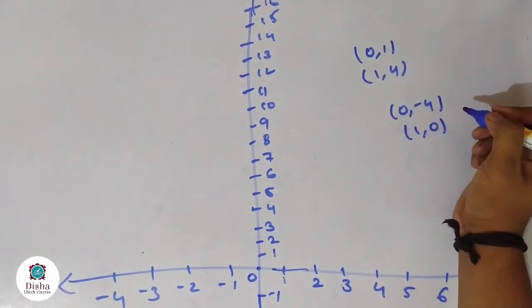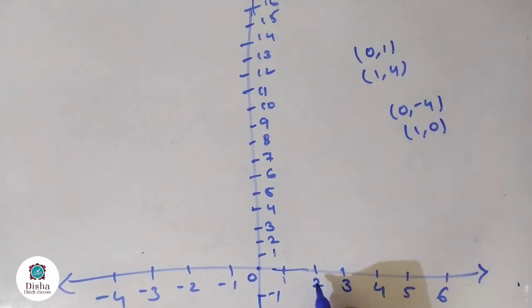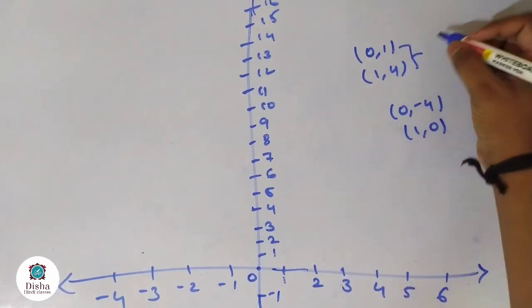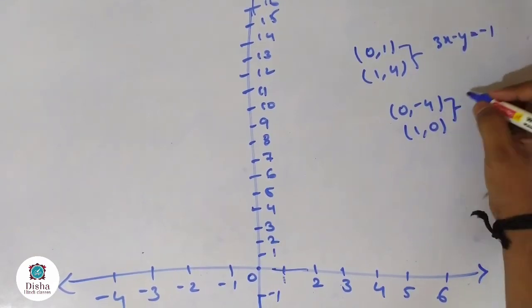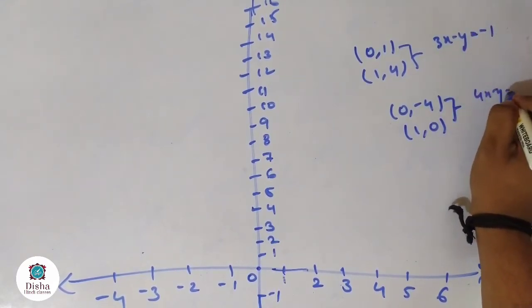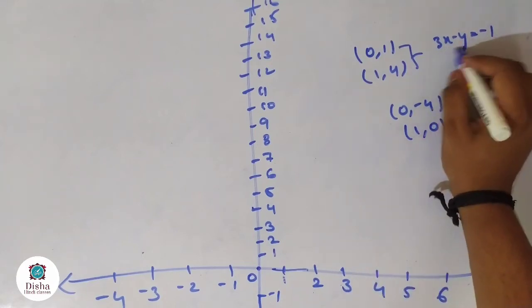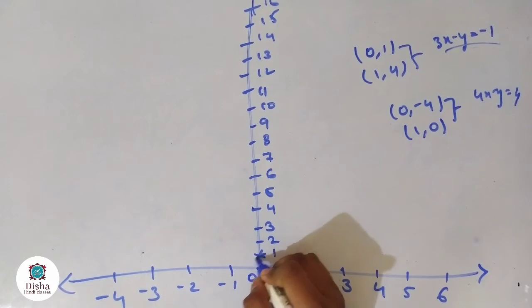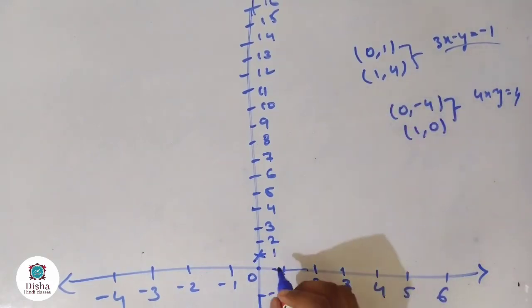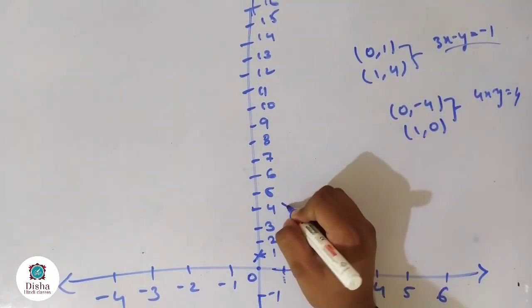Now we have to plot these points. For the equation 3x minus y equals minus 1, let us plot 0, 1, it is here, and 1, 4, it is here.